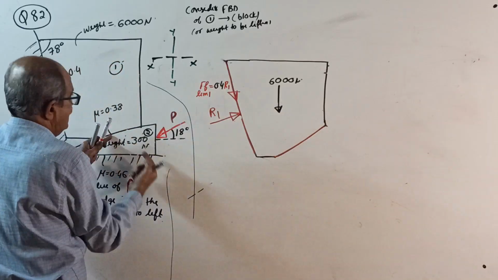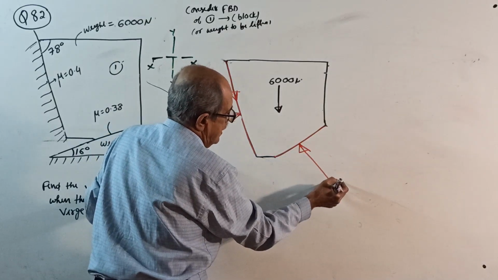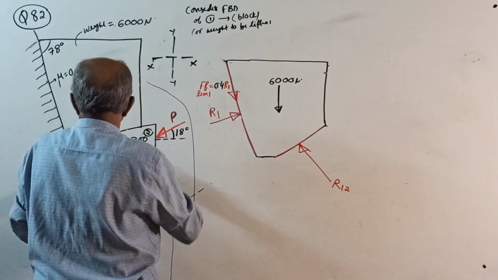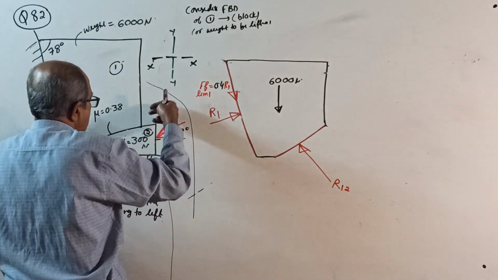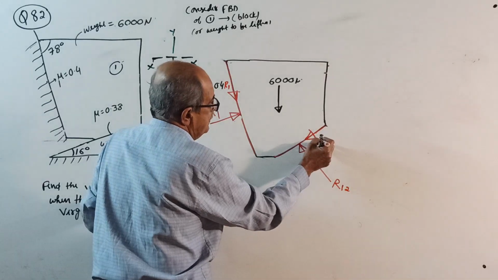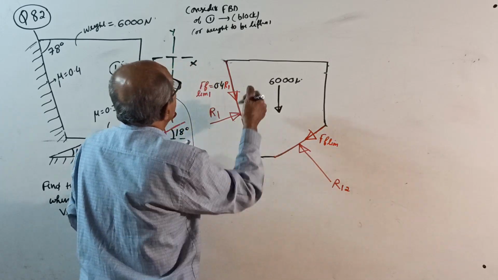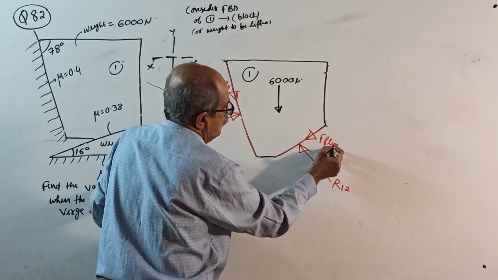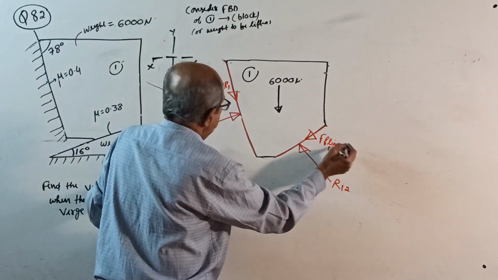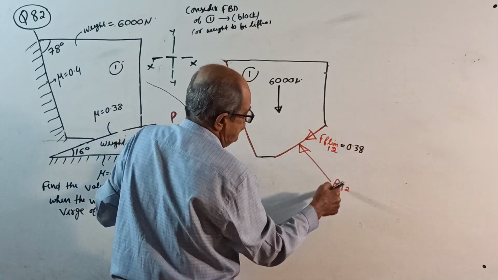Then here, perpendicular, R for 1 from 2. Friction, I told you, will rub this way. So friction force is like this. This is all I told for you. F_F limit for 1 transferred from 2 equals this contact surface mu is 0.38 times R12.